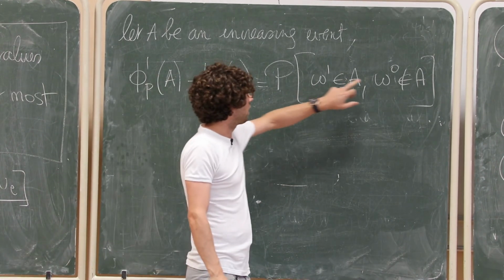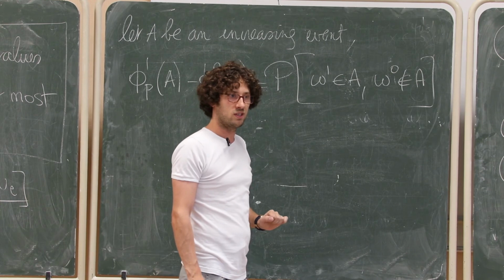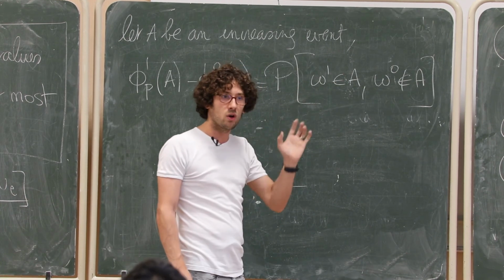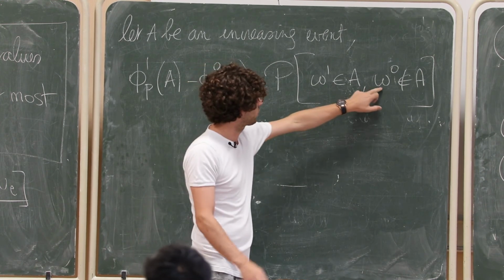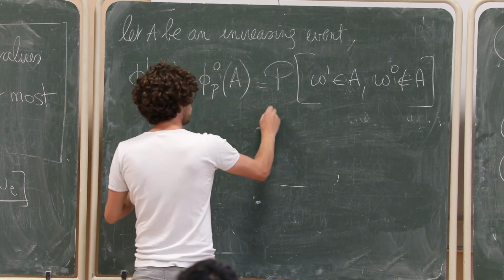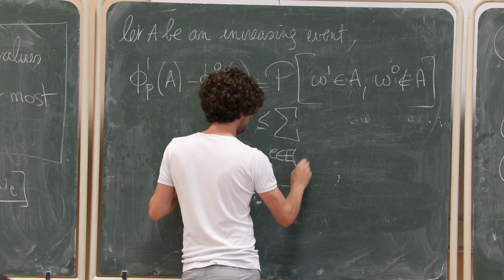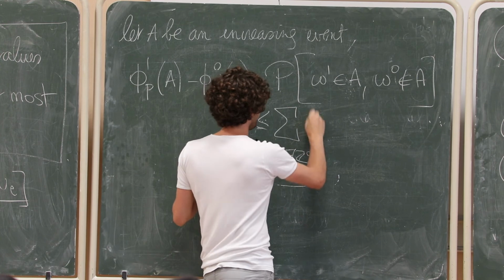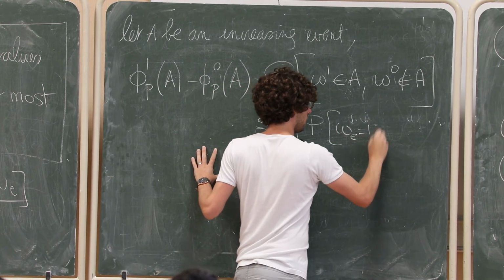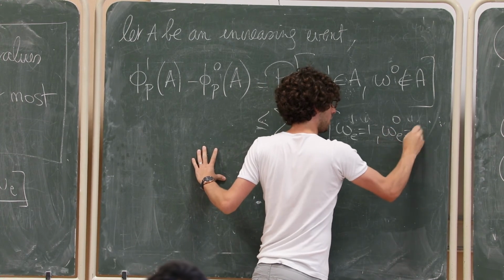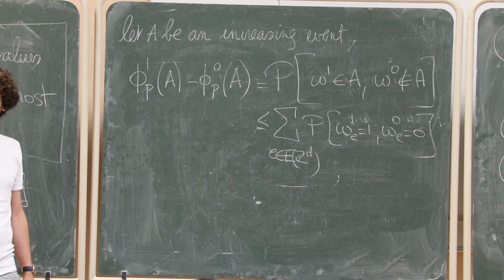But since omega 1 is larger or equal to omega 0, and I'm looking at an event which is increasing, this can occur only if there exists somewhere an edge which is closed in omega 0 and open in omega 1. So this is smaller or equal to the sum over every edge in Z^d of the probability that omega 1 e equals 1 and omega 0 e equals 0. You need to have an edge like that, otherwise this doesn't occur.